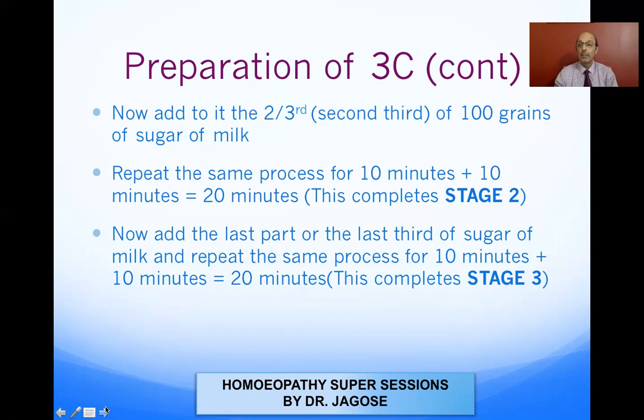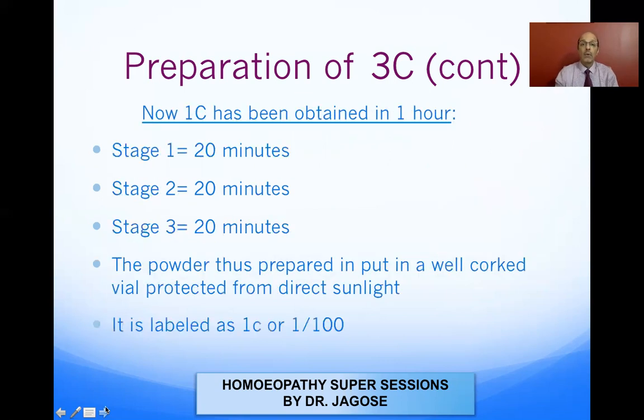Stage 3 is complete. So 1C has been obtained in 1 hour: stage 1, 20 minutes, stage 2, 20 minutes, stage 3 also 20 minutes. The powder thus prepared is put in a well-corked vial protected from direct sunlight. It is labeled 1C or 1:100.